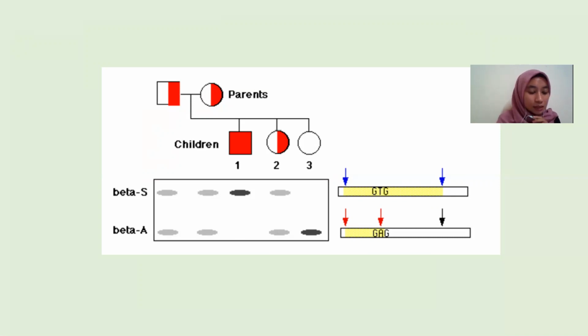Below is the electrophoresis of the family. There are two bands, beta S and beta A, for the heterozygous individuals, while for children 1 and 3 you can see only one band because they are homozygous. But they have more prominent bands because they have twice as much DNA in them.